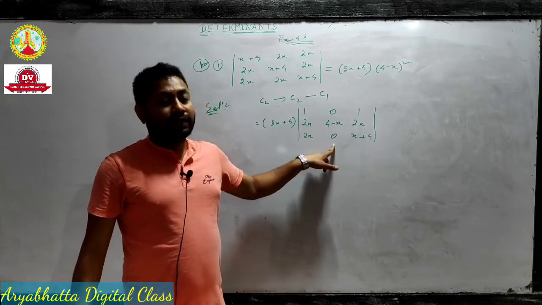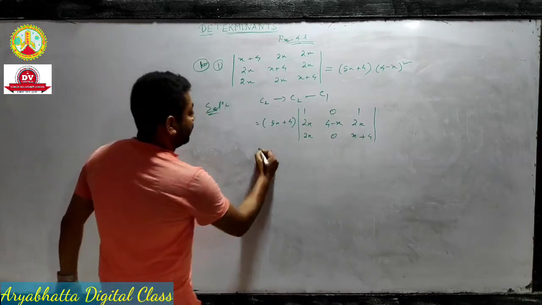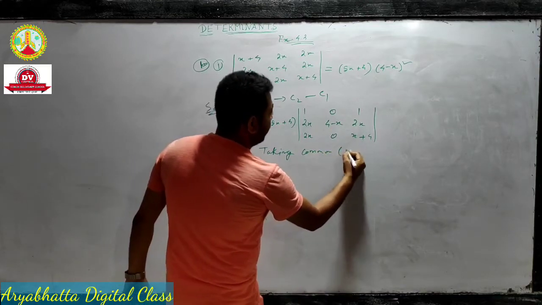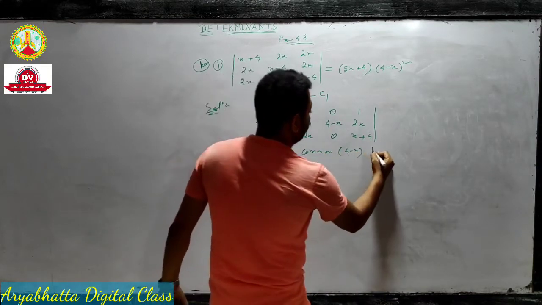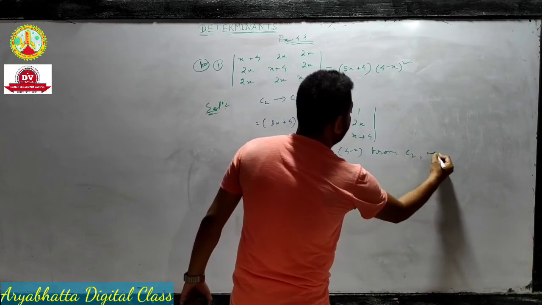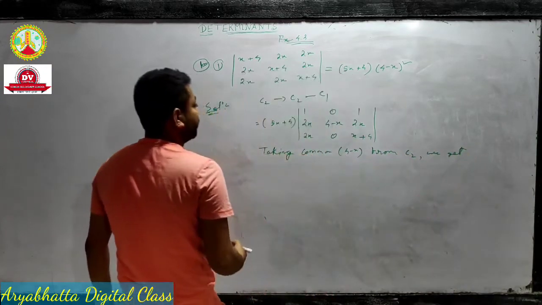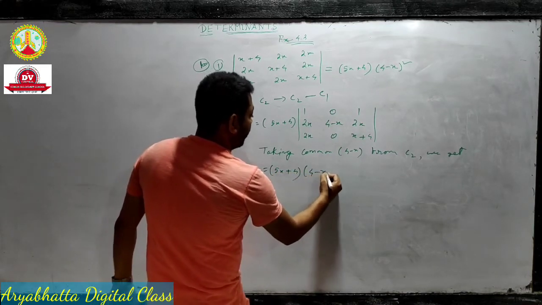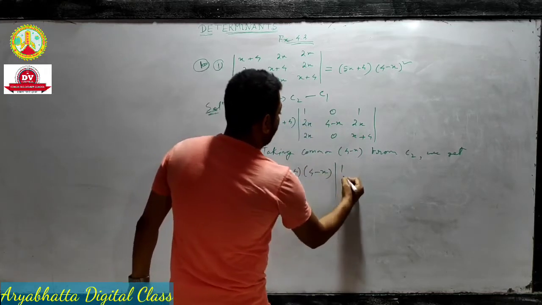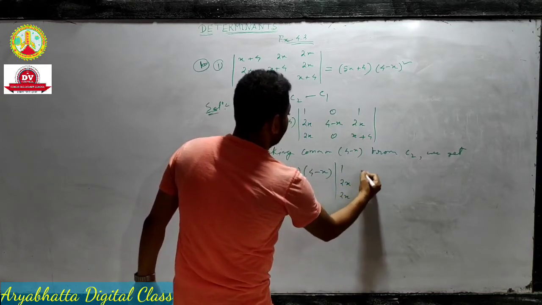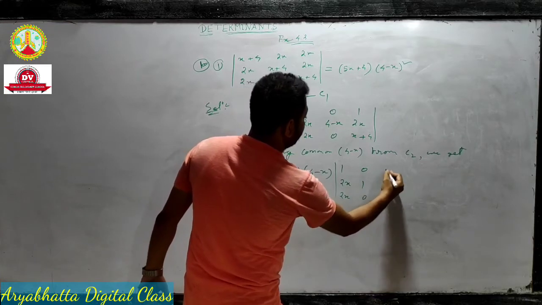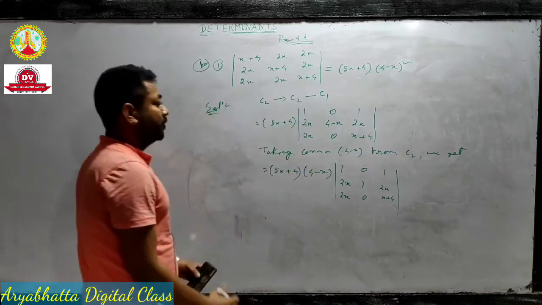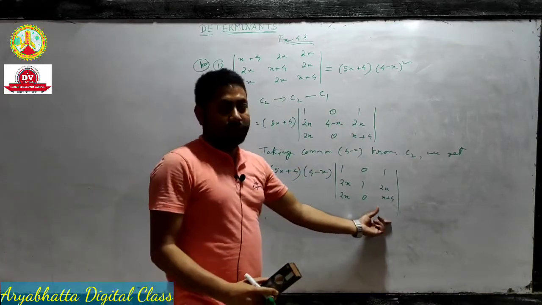Therefore, taking common 4 minus x from C2, then we get 5x plus 4 into 4 minus x into the determinant 1, 0, 1; 2x, 1, 2x; 2x, 0, x plus 4. After taking 4 minus x from C2, then we have this.